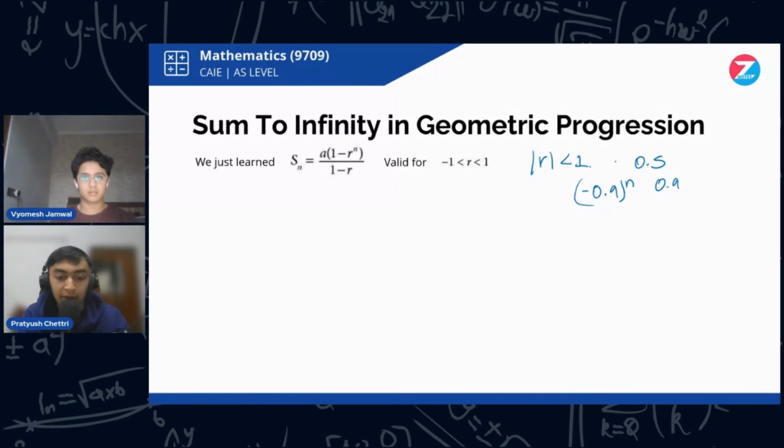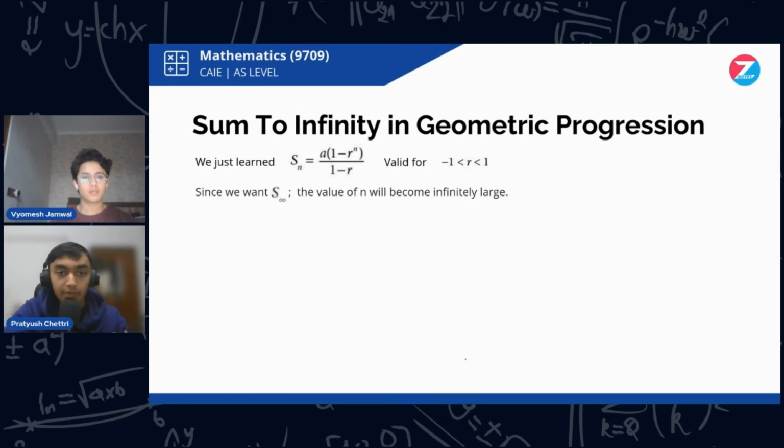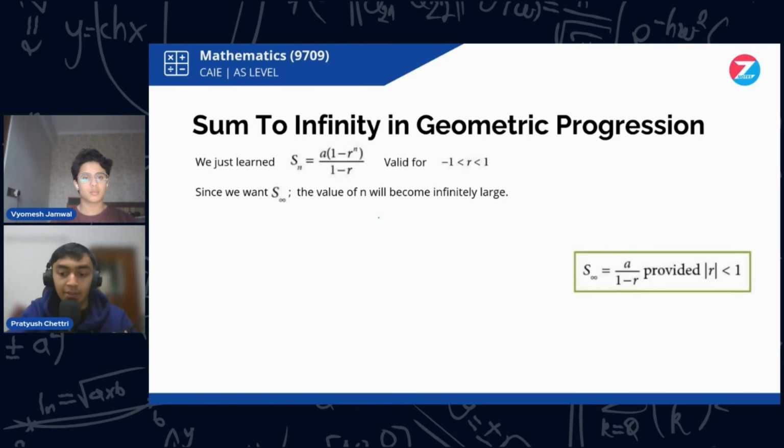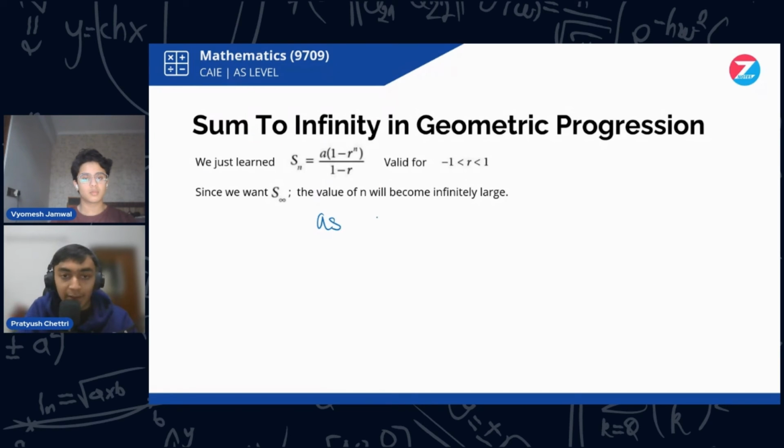Because 0.9 times 0.9 becomes 0.81, and 0.9 again becomes 0.73, and it gets down and down and down. So the concept here is, since we want n to reach infinity, as n is approaching infinity, r to the power n, which is, remember, r smaller than 1 in magnitude, is approaching 0.